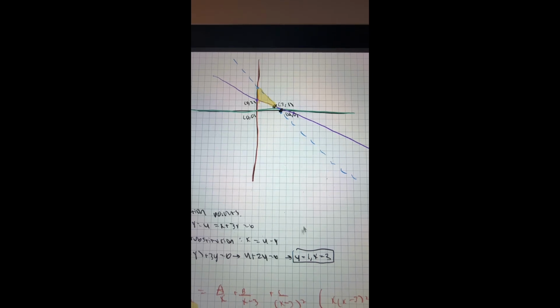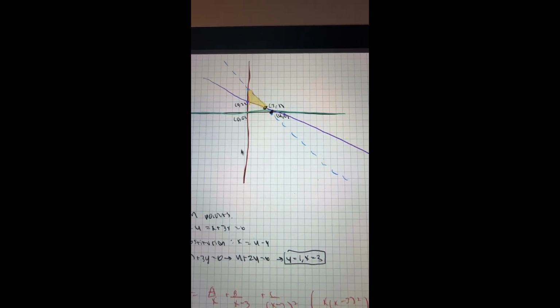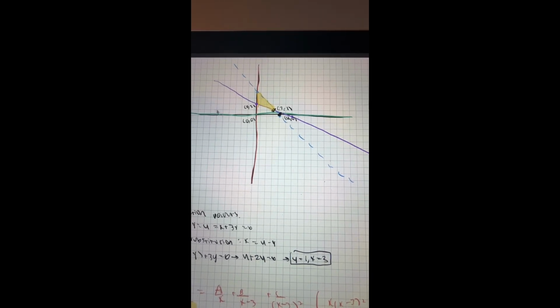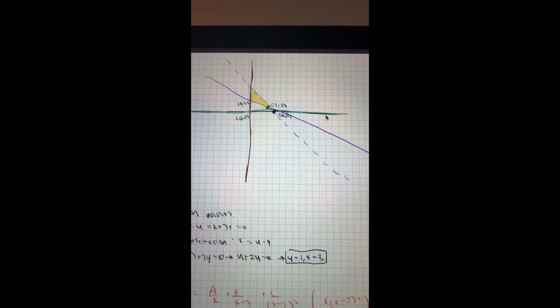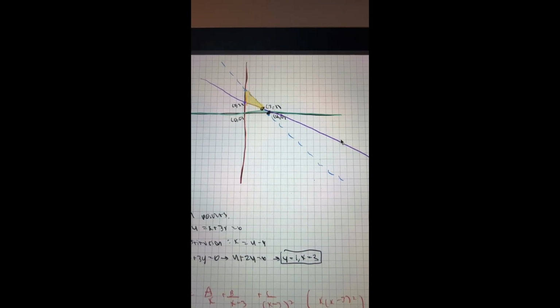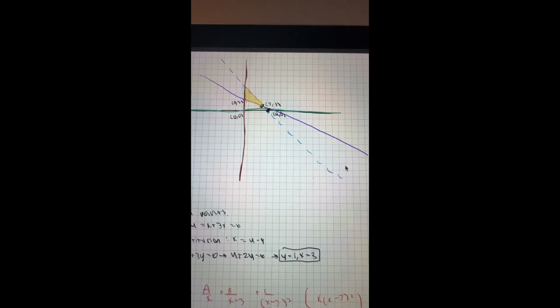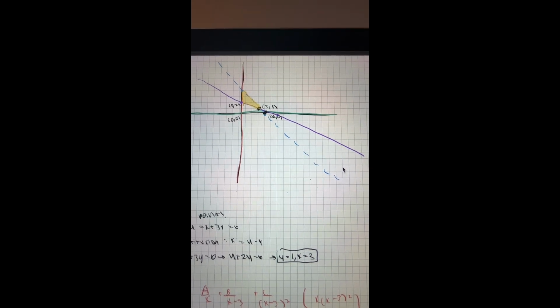You have x equals 0 right here, and then you have y equals 0 right here, and then you have 4, 0 right here, the dashed line, since this one was a strict inequality.